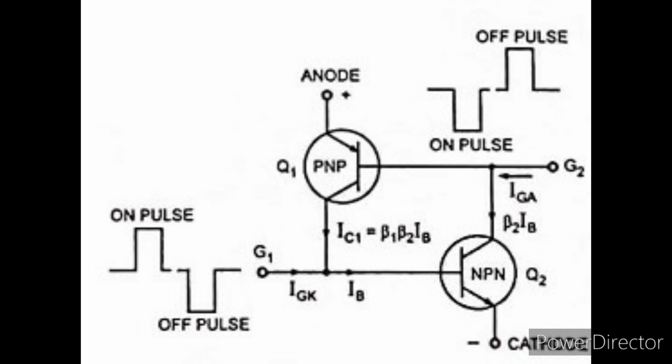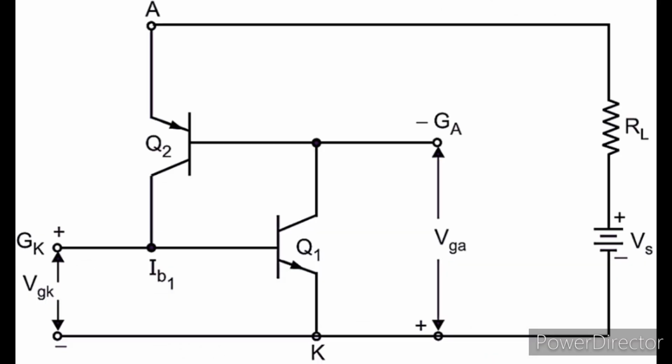And if we use the anode gate G2 to turn the device on, then the cathode gate G1 should have a negative pulse to make the device off. This is the equivalent circuit of SCS, clearly showing the potentials.